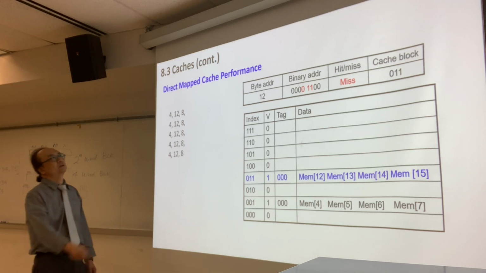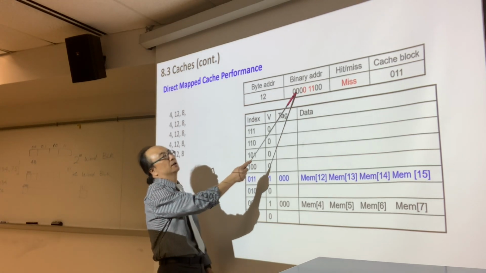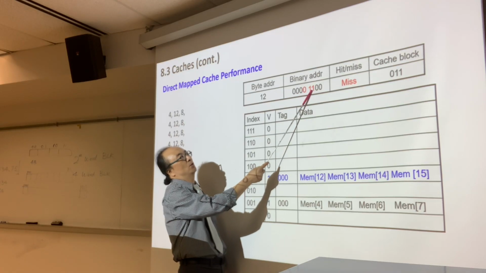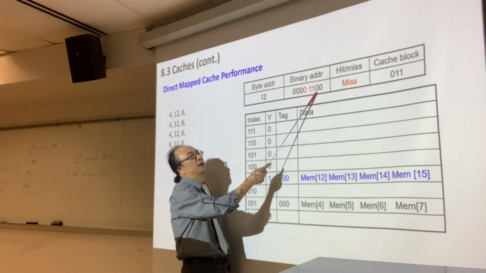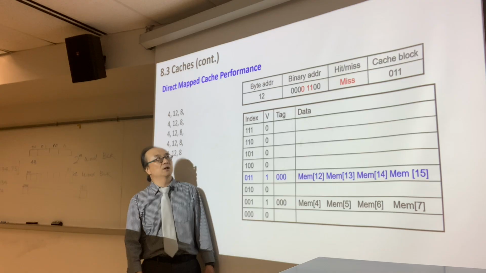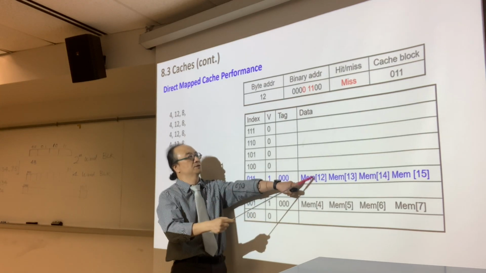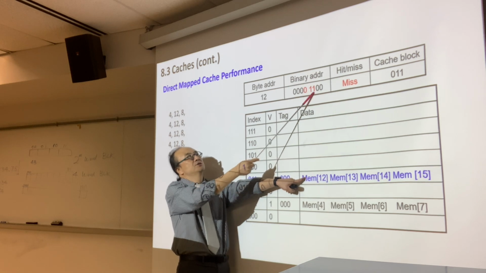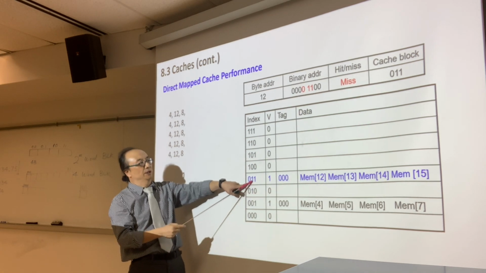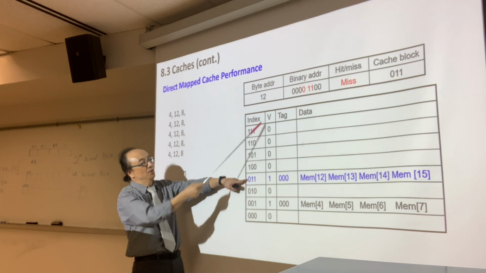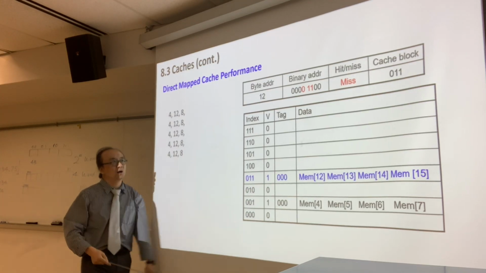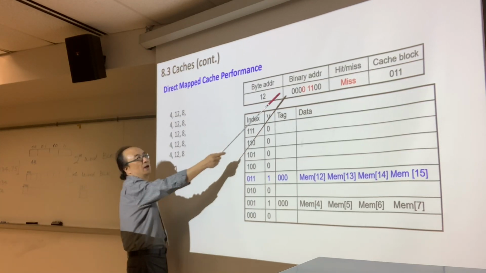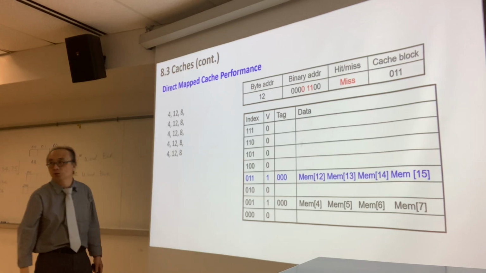So next, 12. Decimal 12 in binary number is 00001100. Again, the offset is 0. Okay. So 12 is the first one. And then index value is 011. So should be here. And then value bit now is changed to 1. And the tag, the rest of the numbers, it's going to go there.